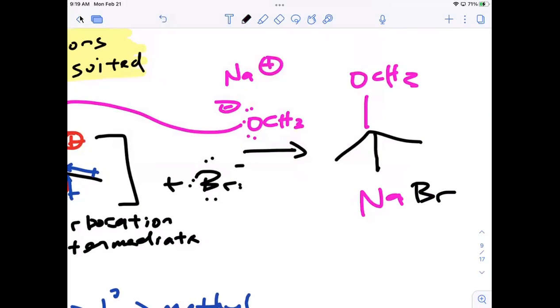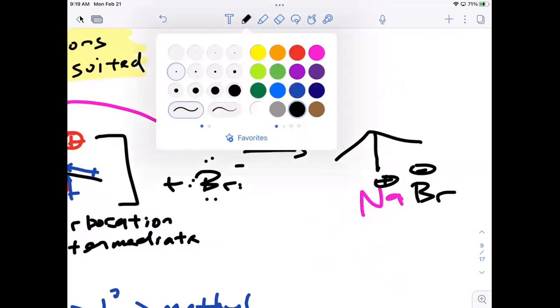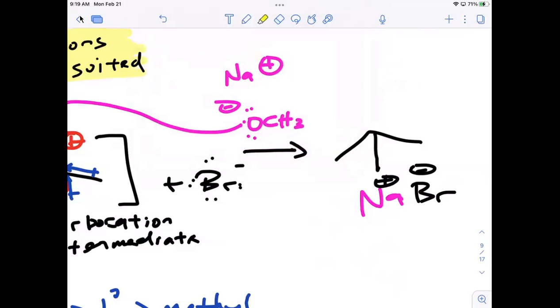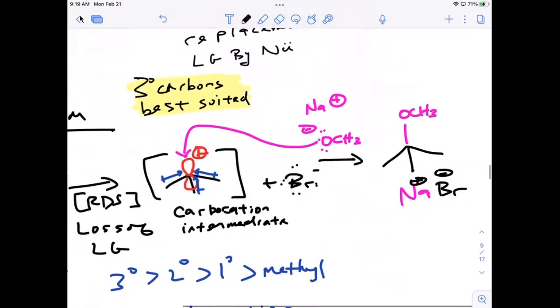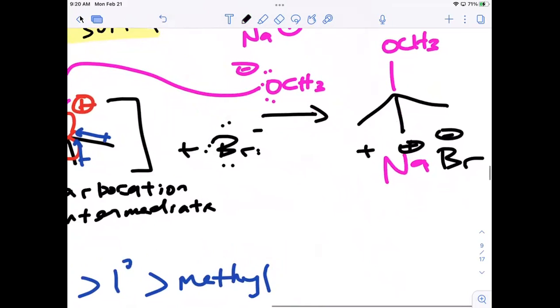And this is a salt, so this is positive and this is negative. But the substitution product itself is what we care about. We don't care about the side products. So it's this plus that.